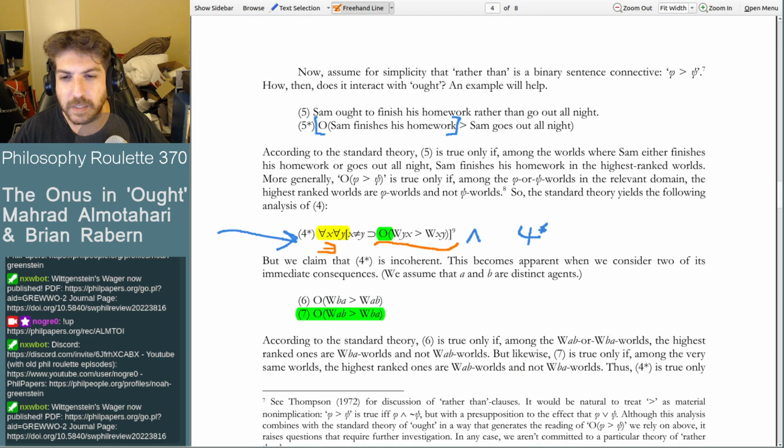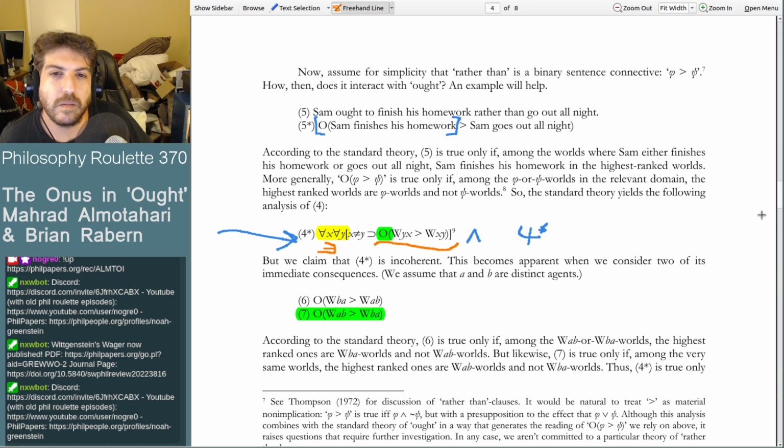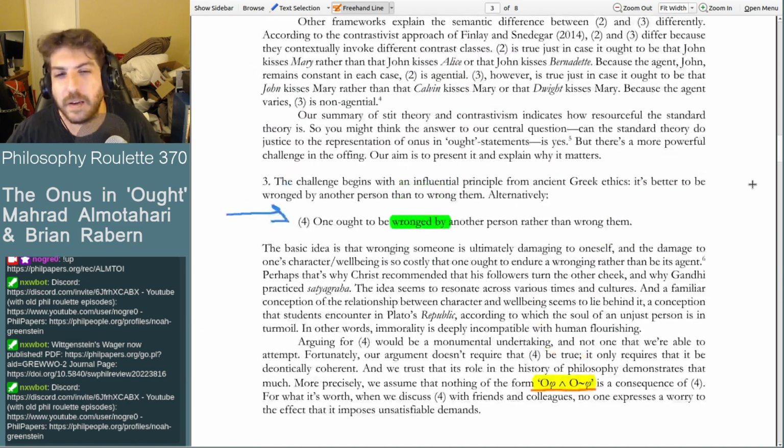Let me see if I can think of anything else that I need to say about this. Sam ought to finish his homework rather than go out at night. Obligation of one over the other. And then one ought to be wronged by another person rather than wrong them.